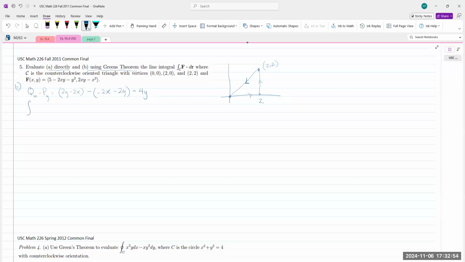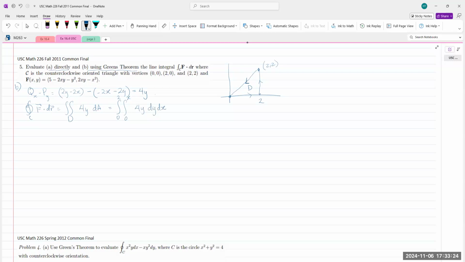The integral over the closed curve C of F dot dr equals the double integral over domain D, this is our domain D, of Q sub x minus P sub y, which is 4y dA. If we describe the double integral further, it is the integral from 0 to 2 and then 0 to x of 4y dy dx.